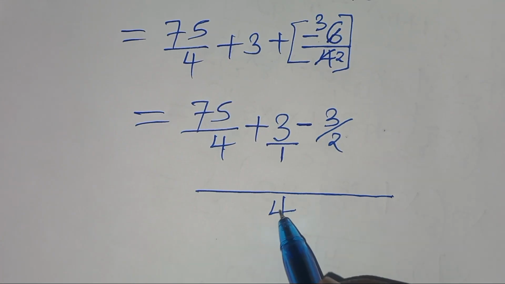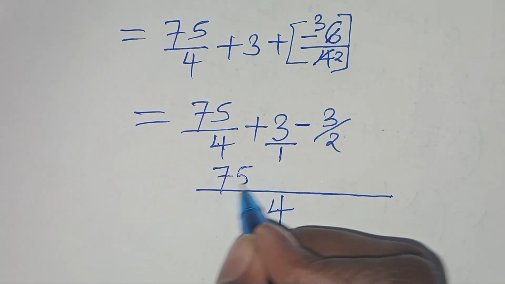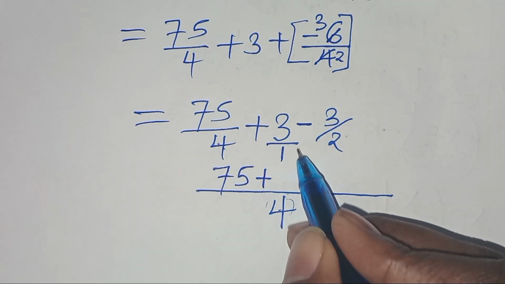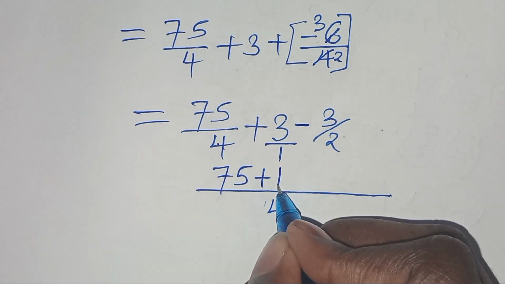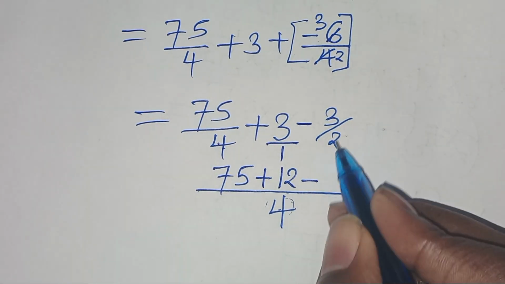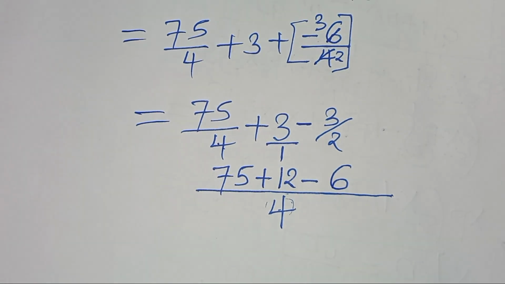So that we have 4 divided by 4 here. This is 1 times 75. So we have 75. Then plus 4 divided by 1. This is 4. 4 times 3. This is actually equal to 12. Then subtract 4 divided by 2. This is 2. 2 times 3. This is equal to 6.